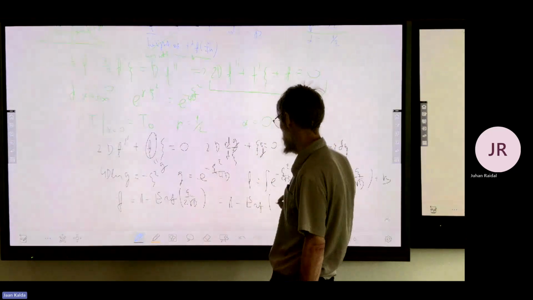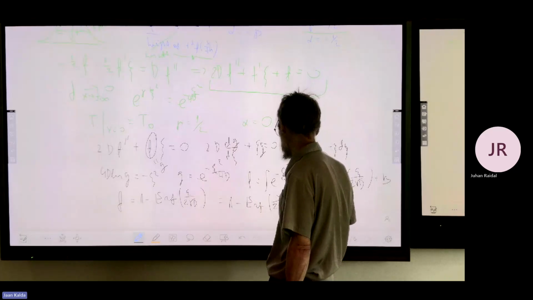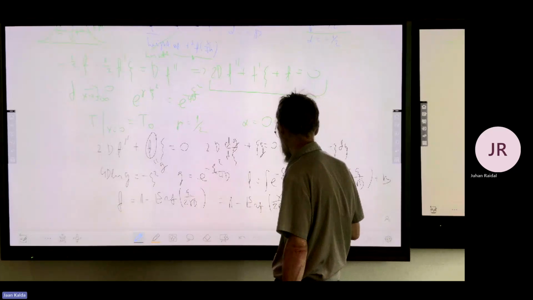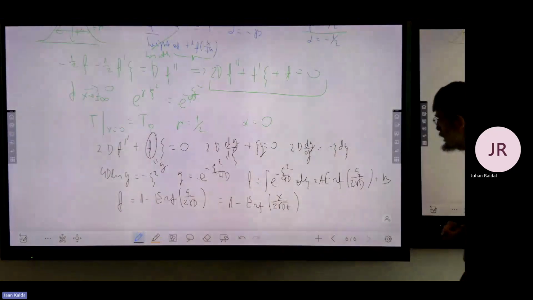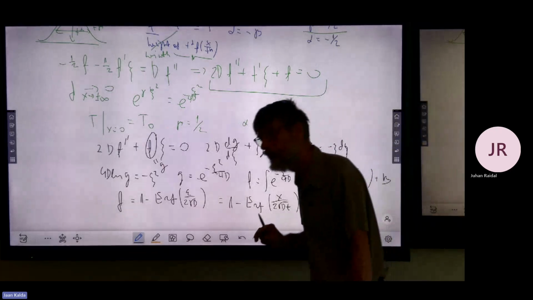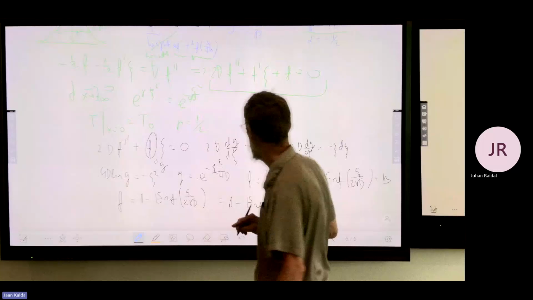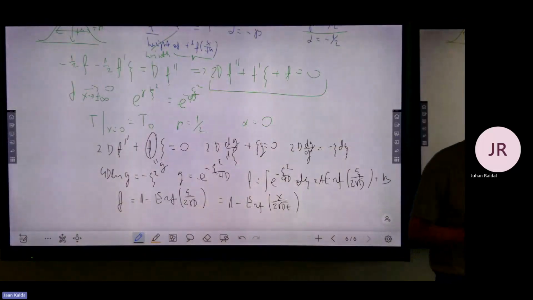So it is x divided by 2 square root of dt. Okay, and I think that's it. We can get total temperature from this and see how much energy flowed in. Yeah, sure. I can get everything from here now.